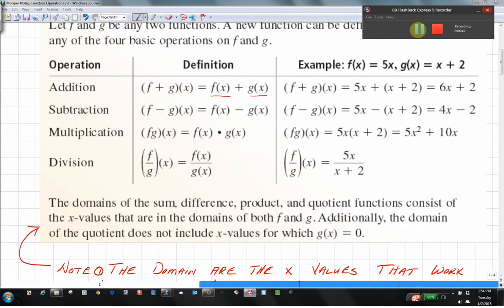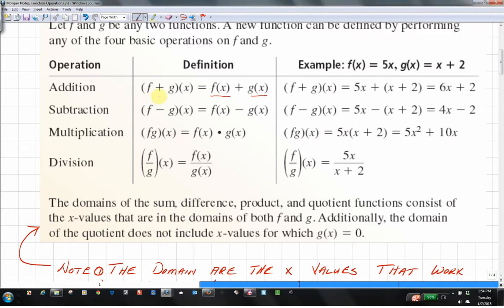What the notes are saying is we want to combine f and g together while both of them still have the variable x. We want to make the addition with the x's still in there without any values substituted in. We want to subtract them first, multiply them first, or divide them first.